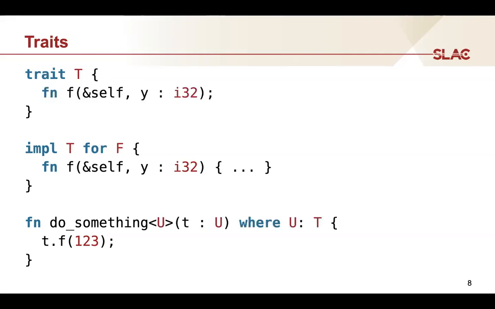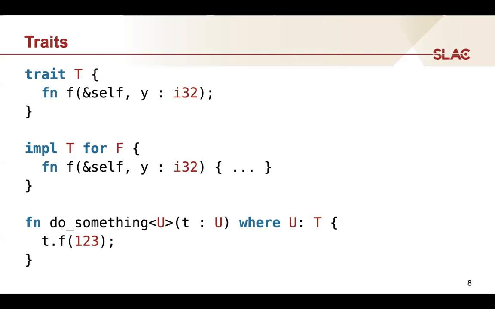The other big thing that you can do with Rust is called a trait, which if you're thinking about this, you should really replace with interface. If you're used to interfaces in Java, C++ doesn't really have them, but maybe in C++20.